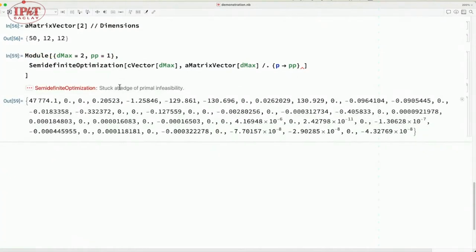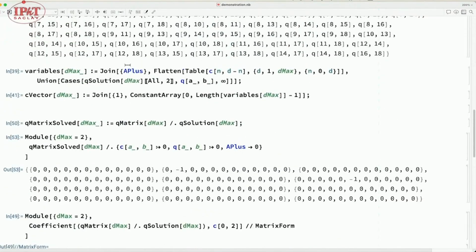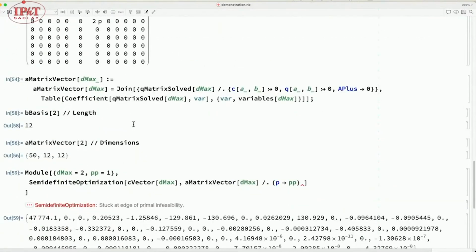Oh, sorry, the output is not that, the output is the set of variables. And a plus is this first variable, because that's how we did it.